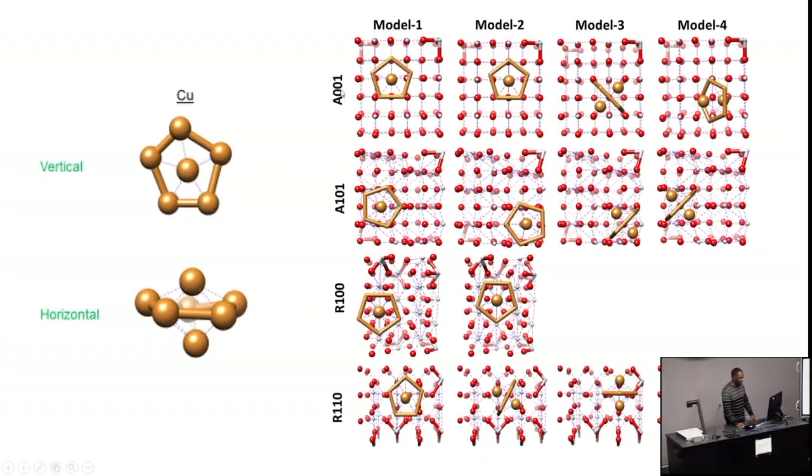We did that for each surface, anatase 001, 101, R100, or R110. We take these coordinates, which are XYZ spatial coordinates, and put them into that Quantum Espresso program. Like I said, it runs the adsorption reaction, and then it outputs the geometry and the energy information of that adsorption relationship.